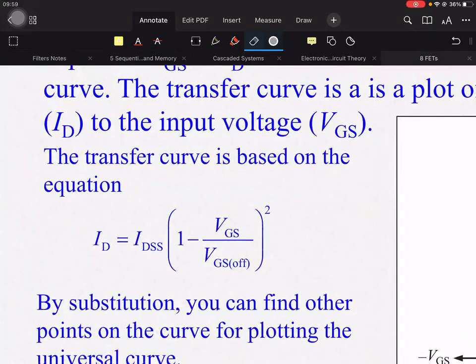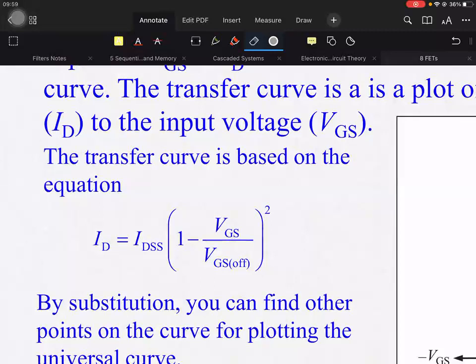So sa BJT class, we've memorized multiple formulas, right? Aside sa formulas na naka-locate sa table, we've only memorized at least mga 4 naman siguro ka formula. VBE is 0.7, IE equals IC plus IB, IE is beta plus 1 times IB, no?